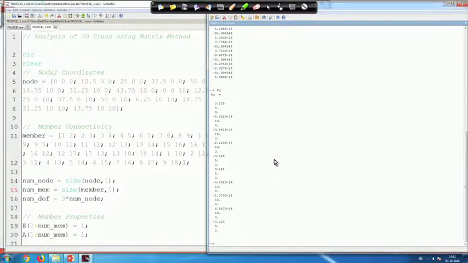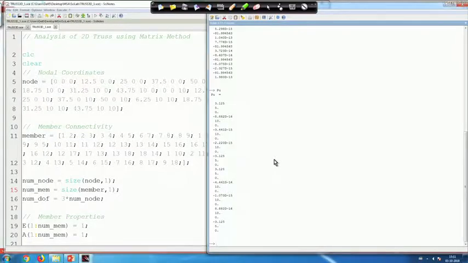So it is very important to validate your code, not just the final results but every step in your code. For instance, one check I can make is whether the forces I am getting satisfy equilibrium or not.